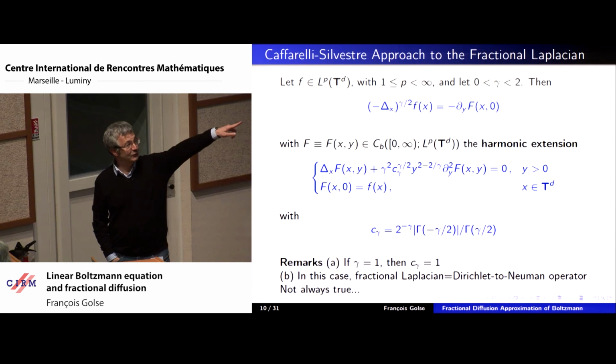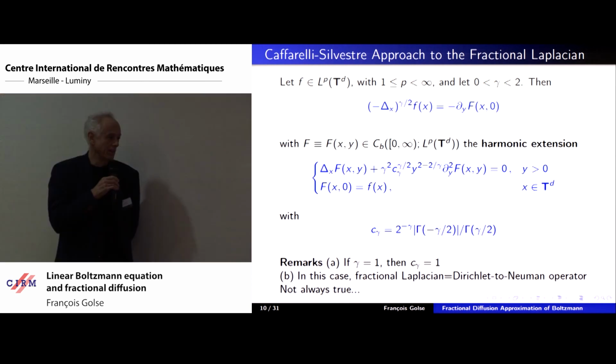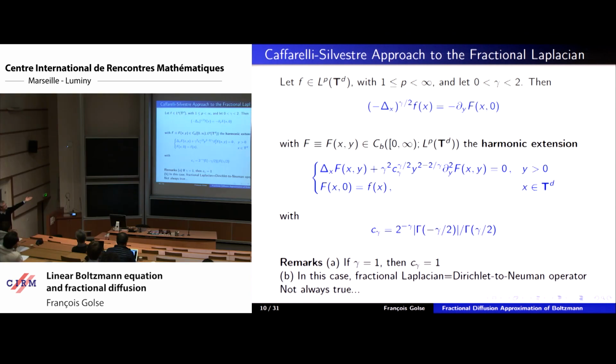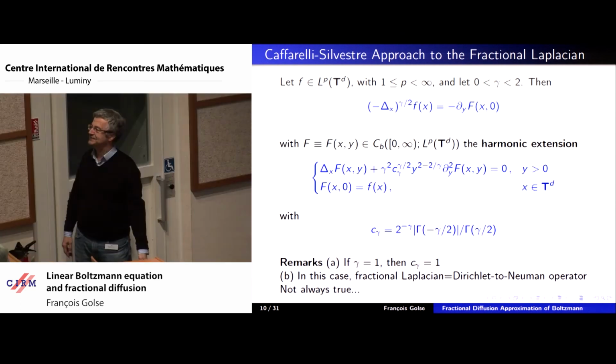Oh, you mean for other values? If I compare, for other values of gamma, I have to solve this. You take the Fourier transform in x, yes, and then you have to solve this. Yes, and I guess you find indeed in the flat case, then you find a Hill equation. Yes. It's not so easy, right?